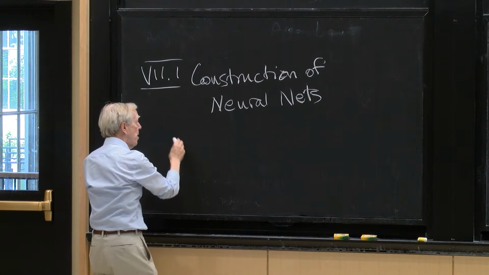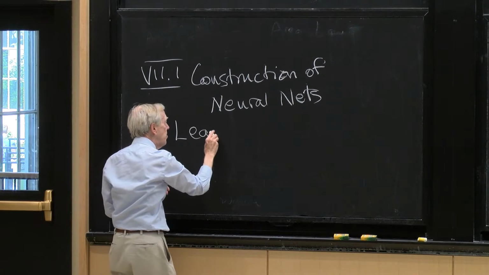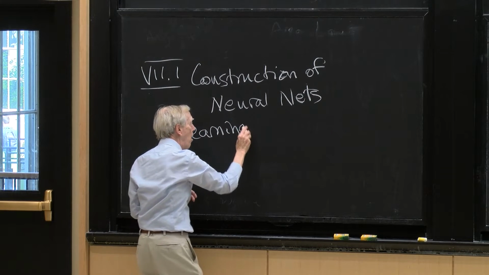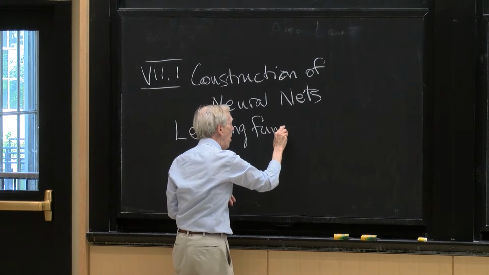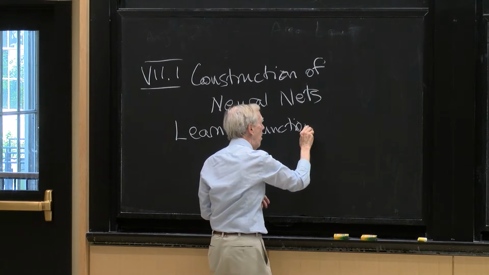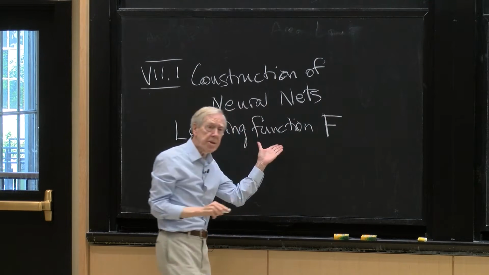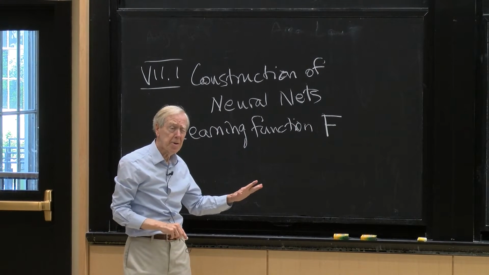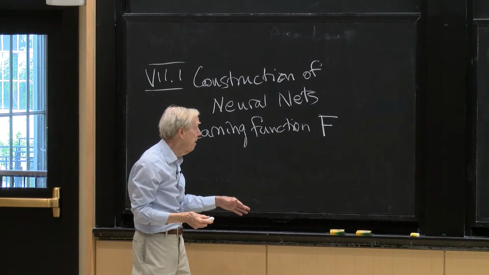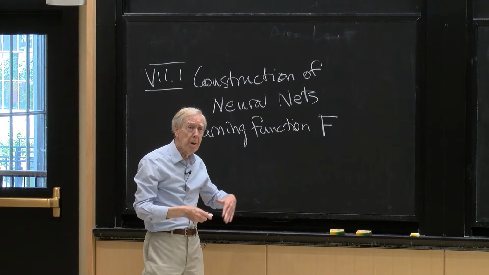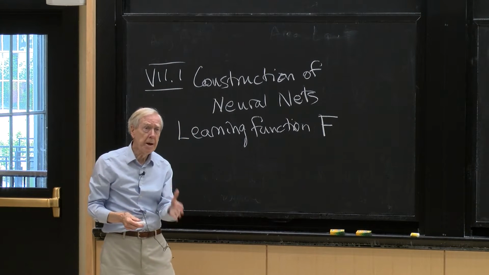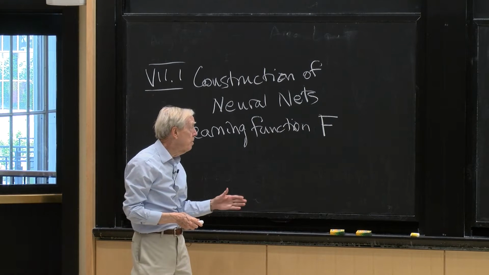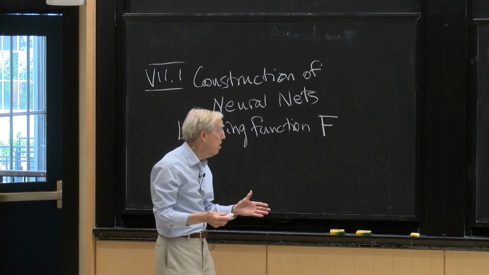Really, it's a construction of the learning function F. So that's the function that you optimize by gradient descent or stochastic gradient descent, and you apply to the training data to minimize the loss.